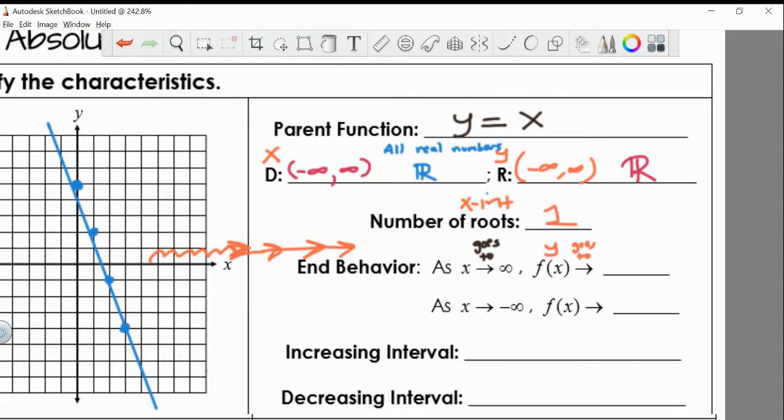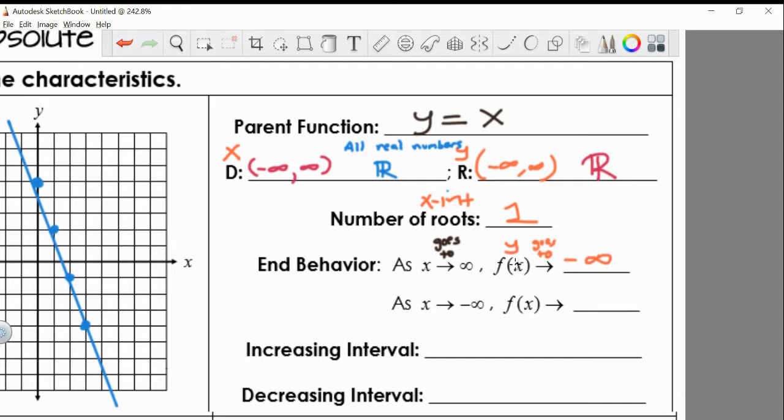Basically, if I zoom all the way out, the end of the graph here is going to be down forever. This graph is just going down, down, down, super far down, okay? And so because as I go towards positive infinity, my y's are going down, the answer is negative infinity.